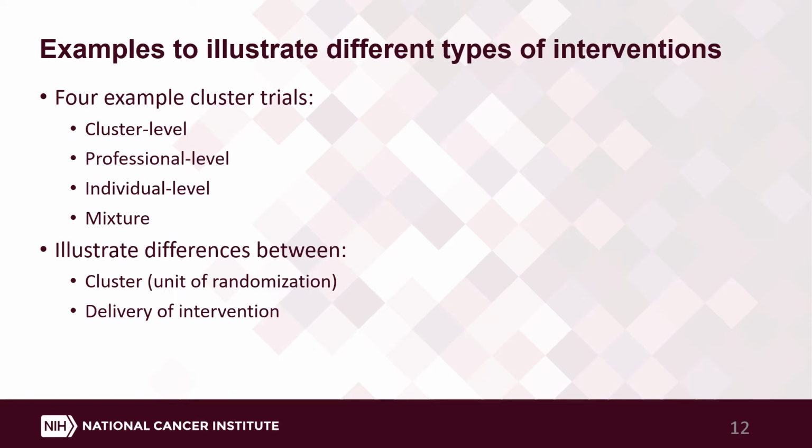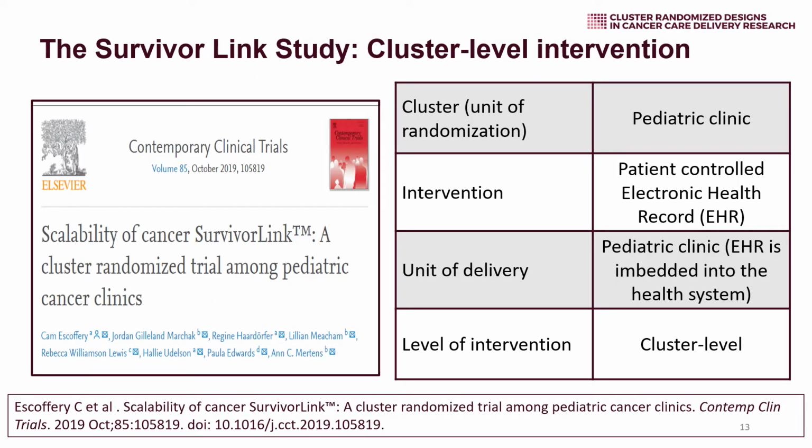And then our final example will be an intervention that has a mixture of different components. And these examples hopefully will illustrate the difference between the cluster, which is the unit of randomization, and the unit of delivery of the intervention. So here's our first example. It's called the Survivor Link study. It's an example of a cluster level intervention.